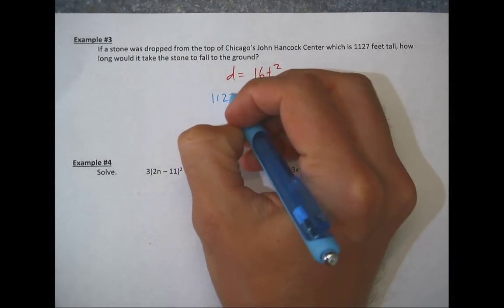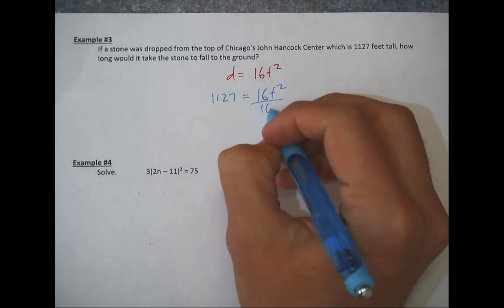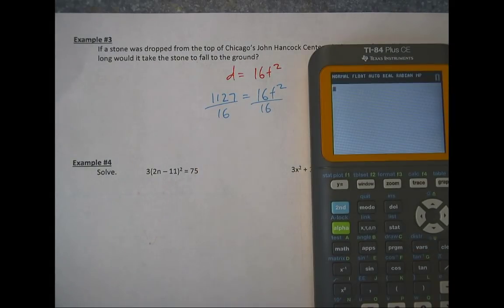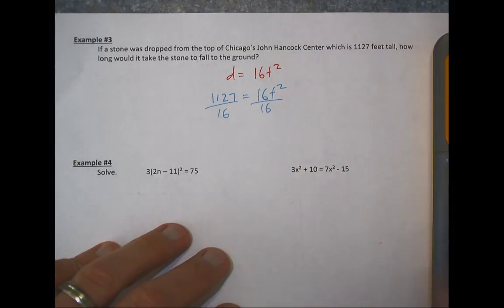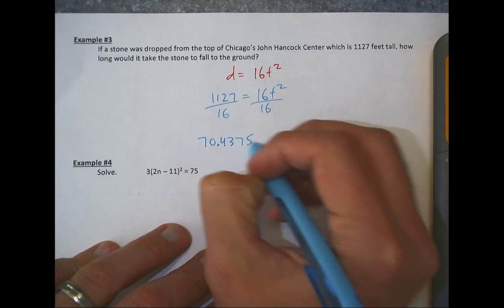So it's 1127 equals 16t squared. We're going to divide by 16 to get rid of it. So 1127 divided by 16, we got 70.4375. Go around it.